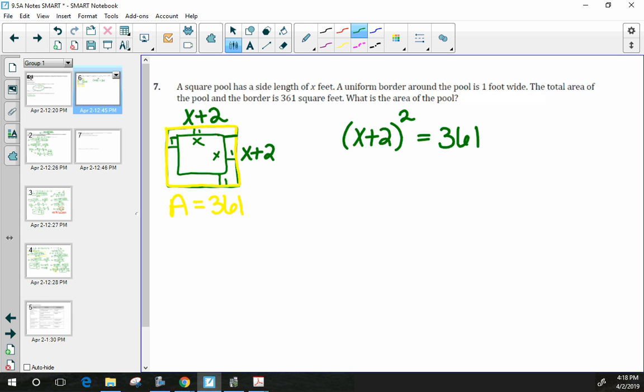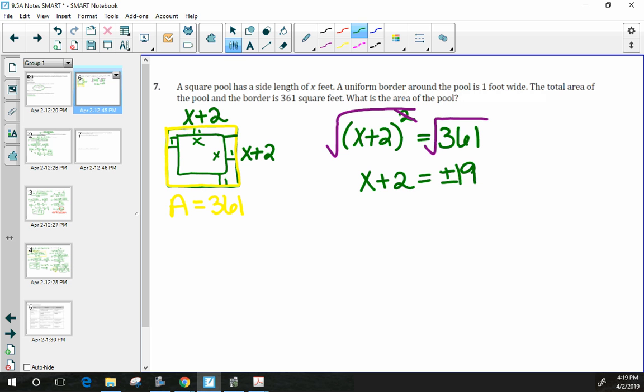Once I set it up like this, I can realize this is a really great candidate for the square root method. This is already written as a perfect square, and all I have to do is take the square root of both sides. You could use any method, but this is a really good choice in particular. It cancels out the quadratic and leaves me with a nice, simple one-step equation, x plus 2 equal to technically positive or negative 19. 361 is a perfect square.